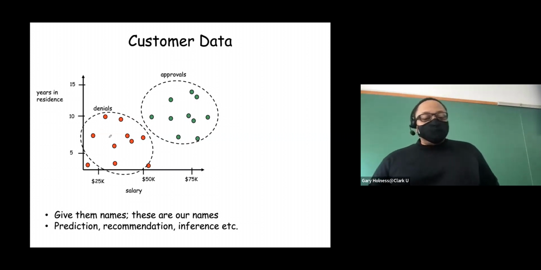Now, if we were to take the average of all of the salaries in the first group and the average of all the years in residence, the sample mean, we're going to get some value center that we can plot. That's called mu1 for the first group. This is group 1. And we would call that mu2 for the second grouping.